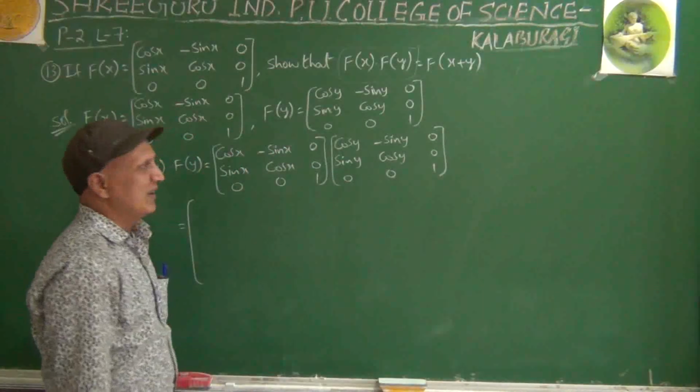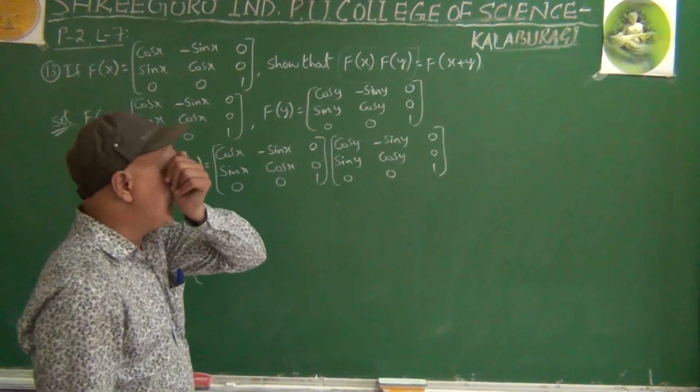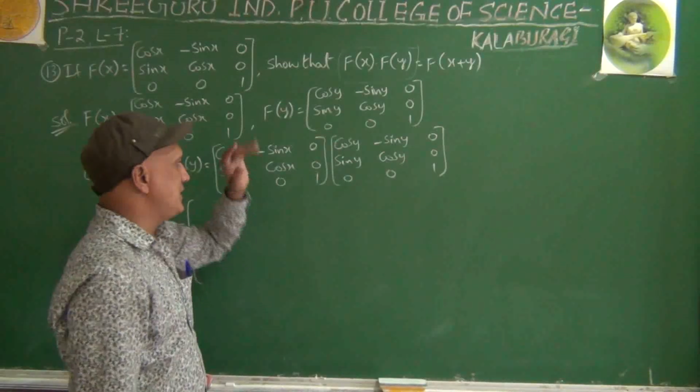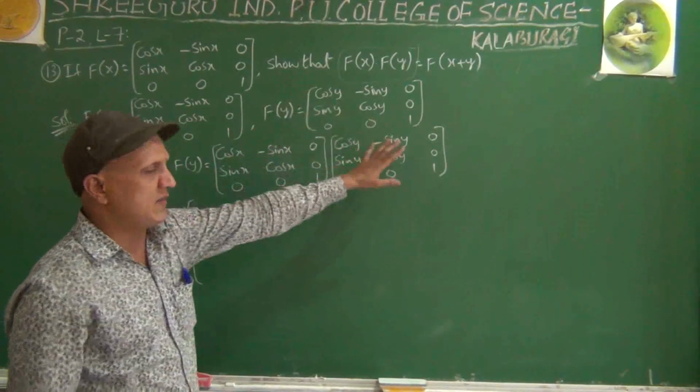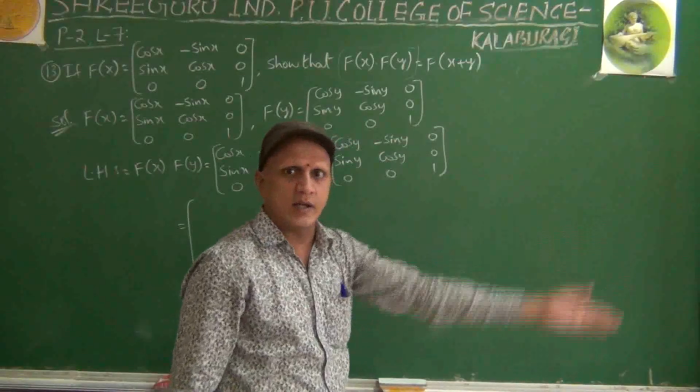Okay. Right. This is 3 by 3. When you are going to multiply two matrices, first what we have to see? Order for this matrix, order for that matrix. 3 by 3, 3 by 3. Answer also 3 by 3.